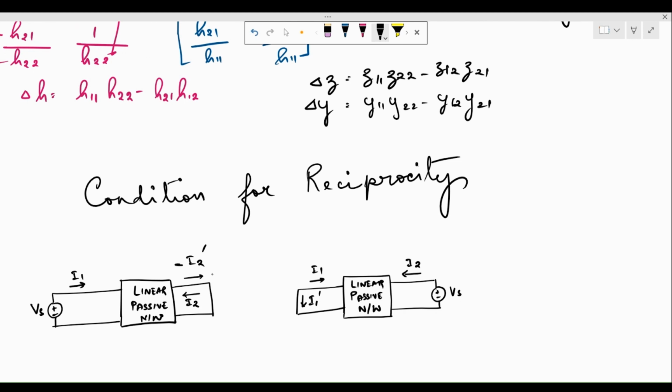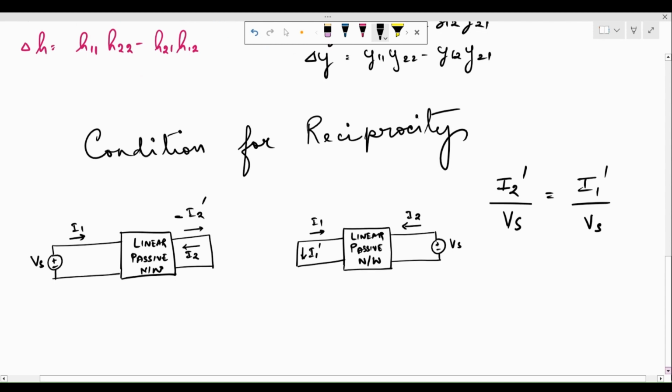Similarly, in the second case, if we connect Vs at port 2, then current minus I1 dash should be flowing through the first port. And in that case, I2 dash by Vs should be the same as I1 dash by Vs. When this condition is satisfied, we can say that the circuit is reciprocal.